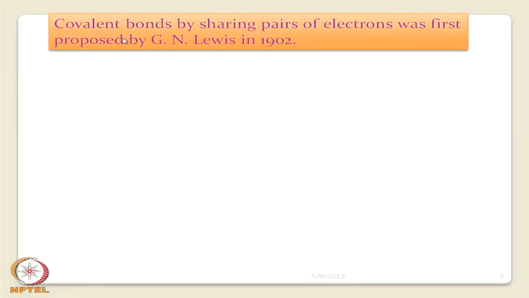So, the formation of the methane molecule or any other organic compound was first proposed by Lewis around 1902, and Lewis had the idea that the covalent bond can only be formed by sharing of electrons between two atoms.